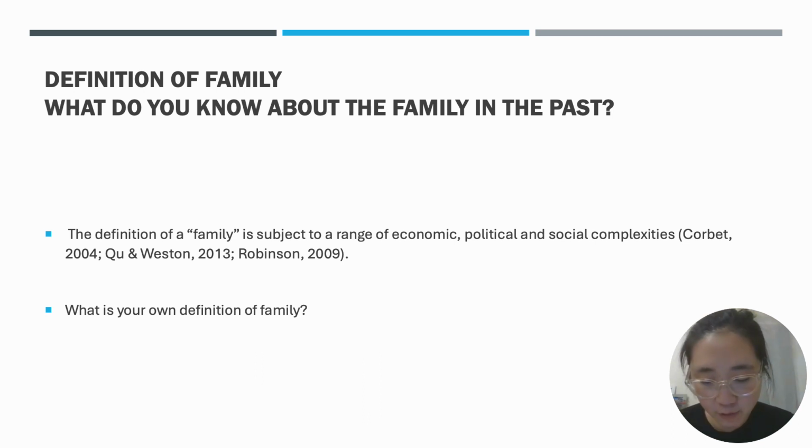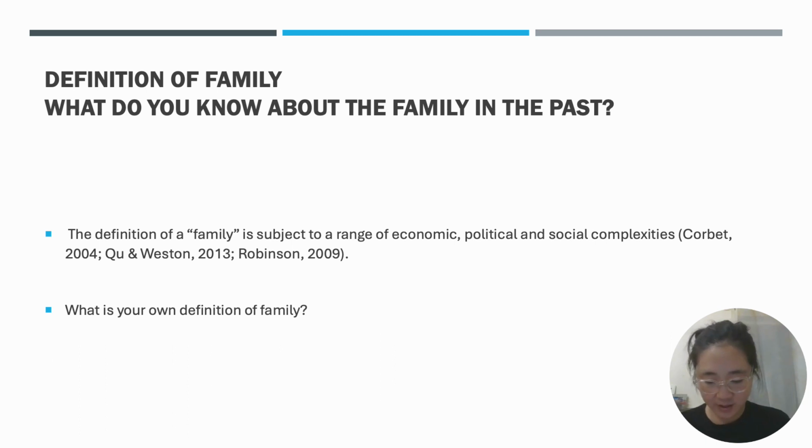The definition of family is subject to a range of economic, political, and social complexity. In Australia, the concept of family is often examined using data from the Australian Bureau of Statistics, where a family is defined as a group of two or more people.